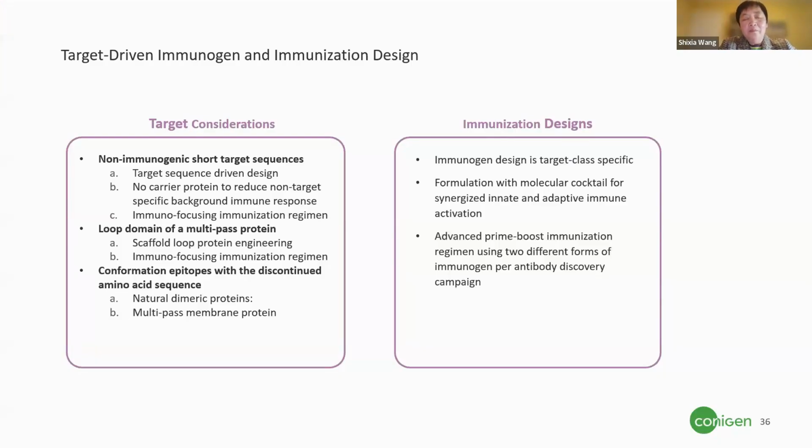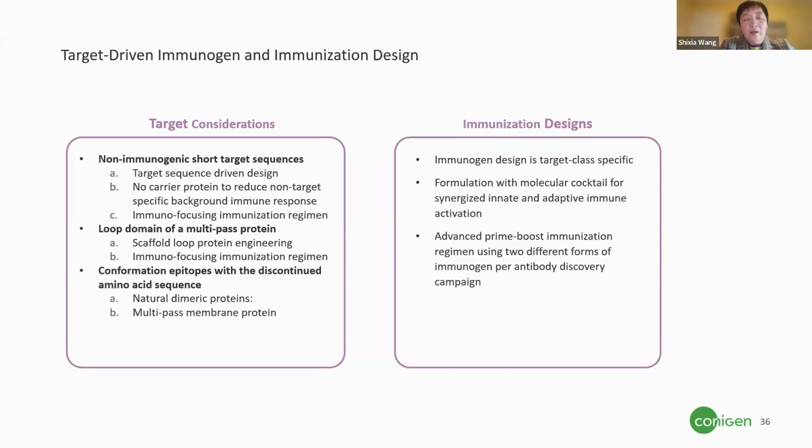As I mentioned, the antigens for therapeutics, the majority of endogenous antigens, are low immunogenic. So to generate antibodies, we need to first break immune tolerance and also generate high quality B cell antibodies.